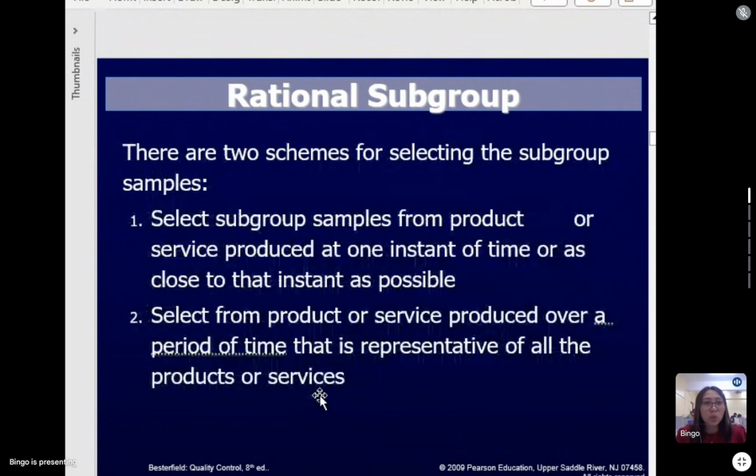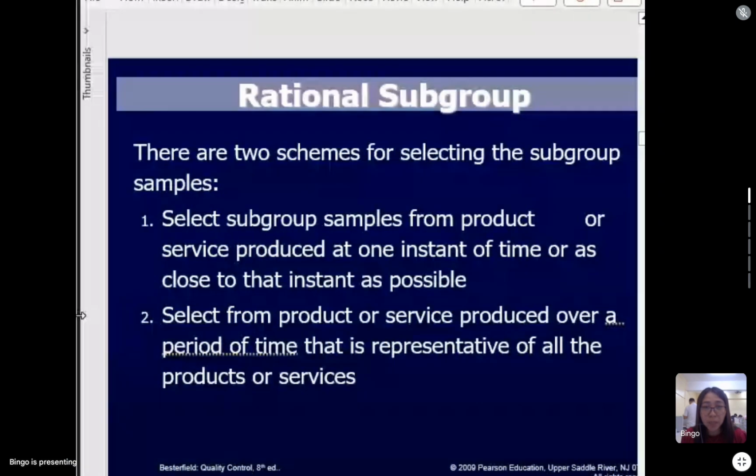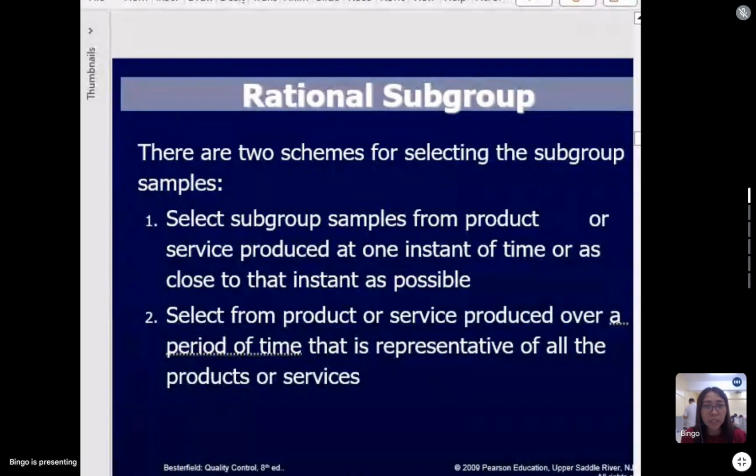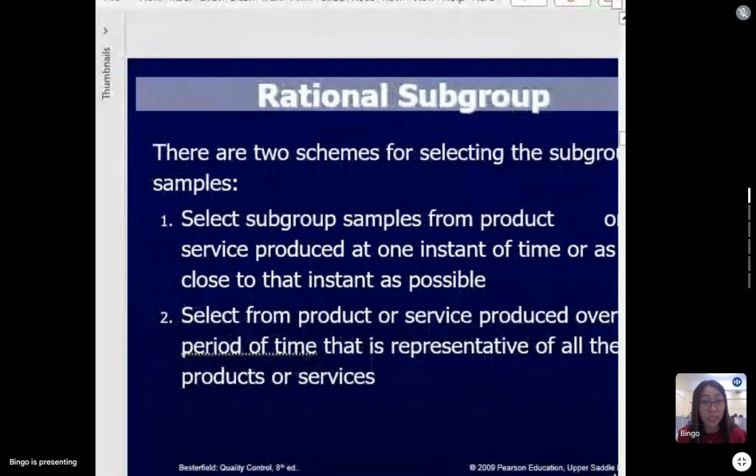Okay. So there are two schemes for selecting subgroup samples. What are those? Kindly read, Trisha May.